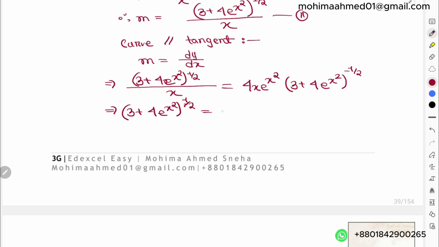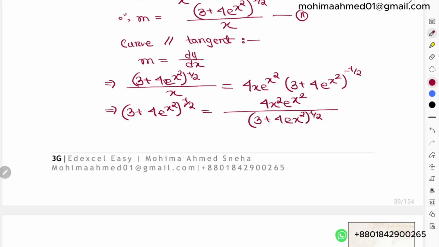And if you take this x to the right hand side, you basically have 4x²e^(x²), then (3 + 4e^(x²)) with the power of negative half, which means what? That actually belongs to the denominator, right? So this x² divided by your (3 + 4e^(x²)) with the power of half.